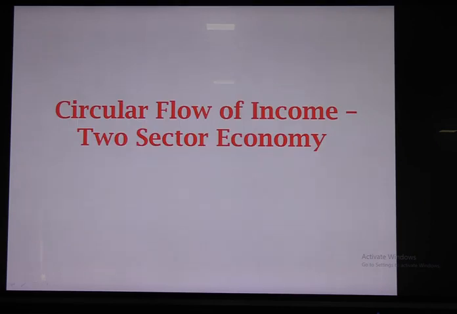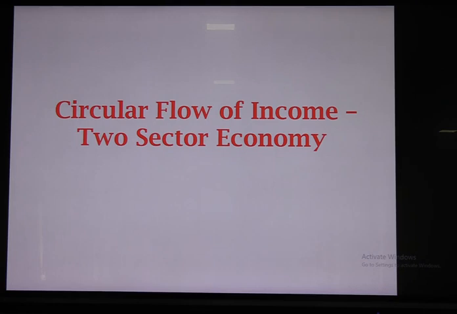Then, circular flow of income in a two-sector economy. What is a two-sector economy? The economy which consists of only two sectors.